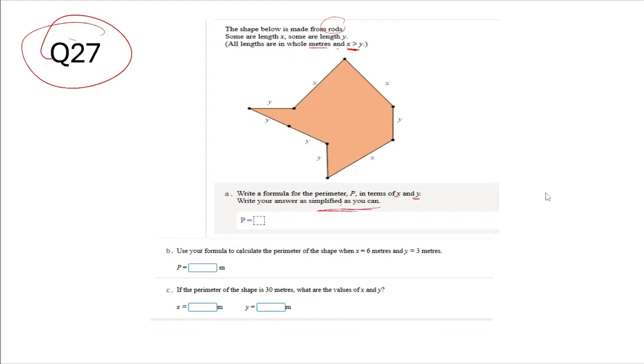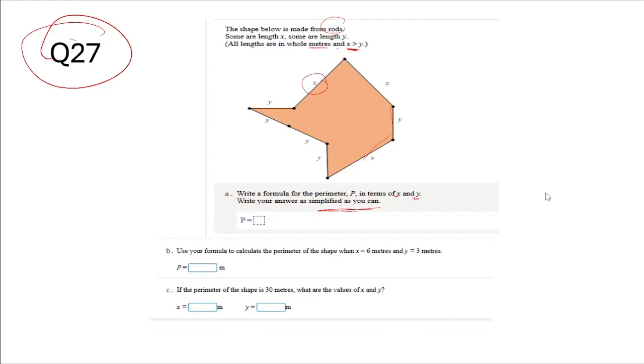So here we need to write an equation for the perimeter B in terms of x and y. Okay, let's see this shape. The perimeter will be the summation of the length of all these rods together. So let's see how many x here.